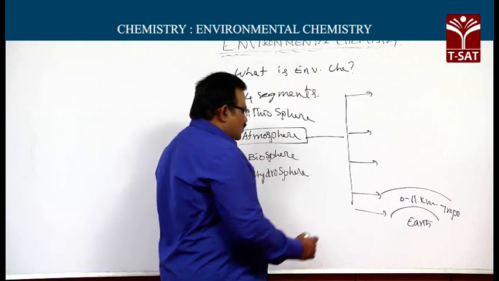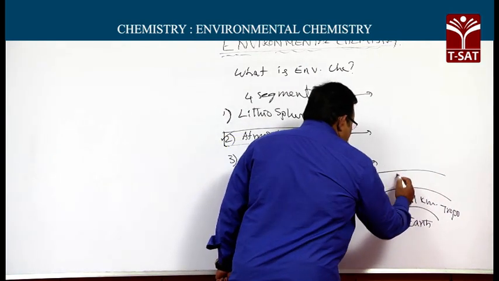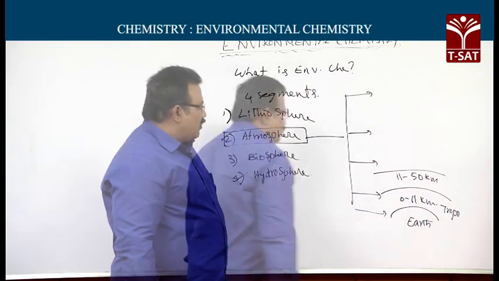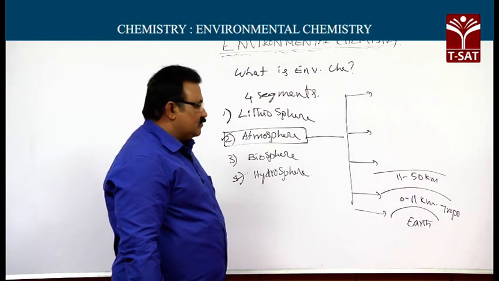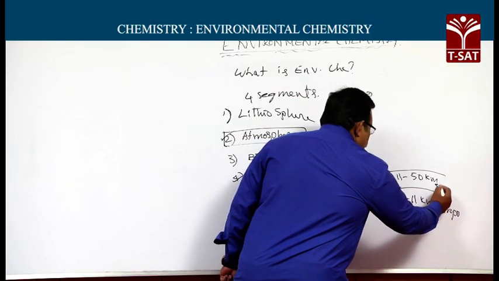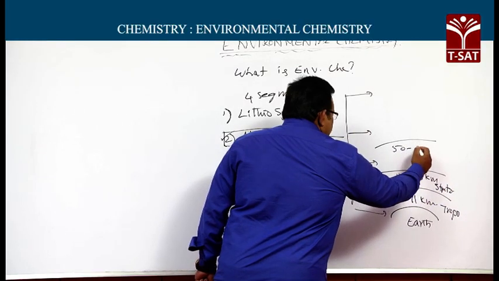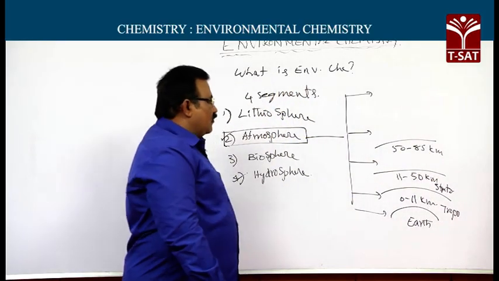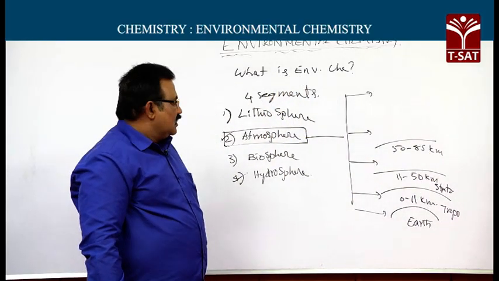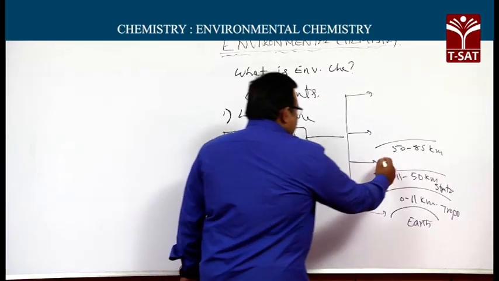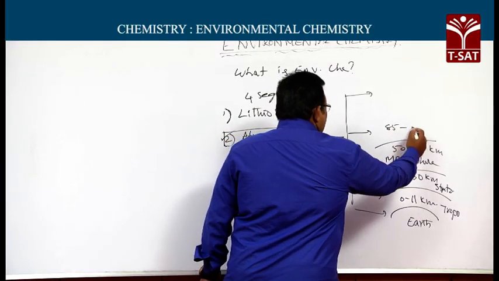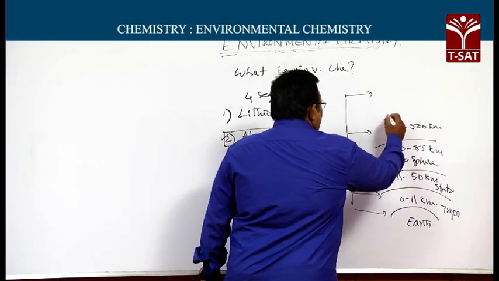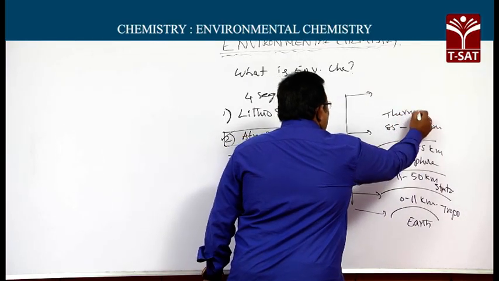The stratosphere is present from 11 to 50 kilometers of height from the sea level. From 50 to 85 kilometers from the Earth's surface, the mesosphere is present. From 85 to 500 kilometers, the thermosphere is present.